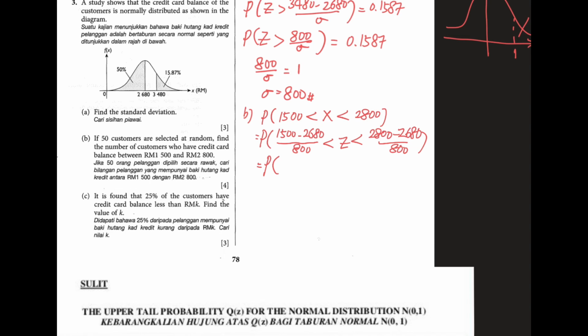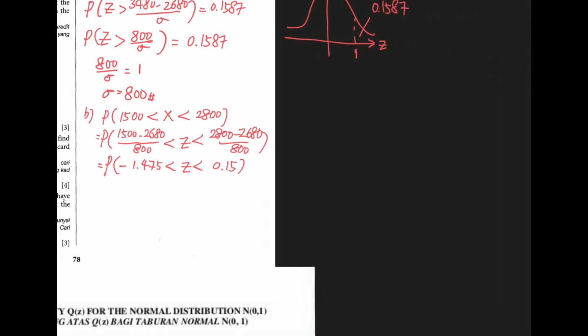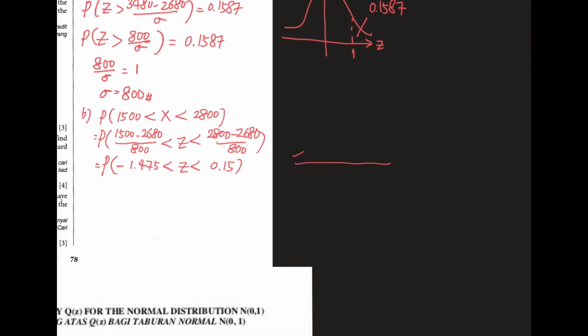Press the calculator to get values in decimals. Now we get negative 1.475. Then 2800 minus 2680 over 800, so we get 0.15. Once we get this, we look at the graph first.